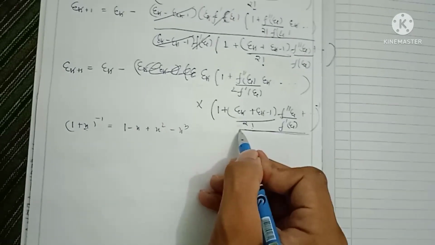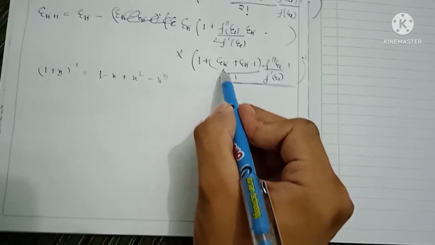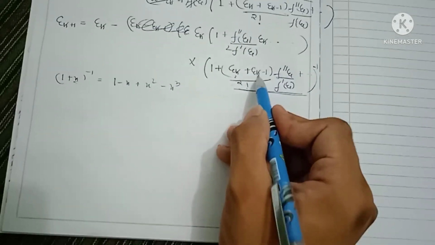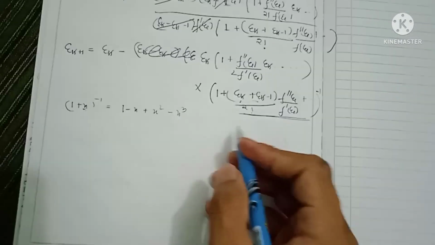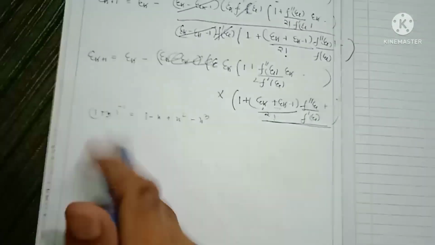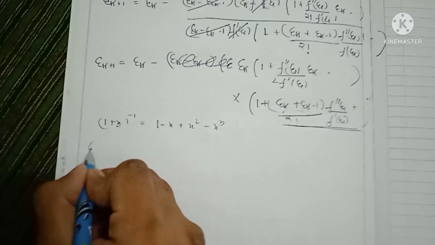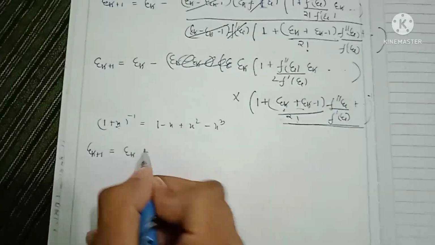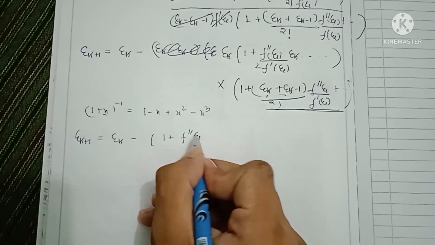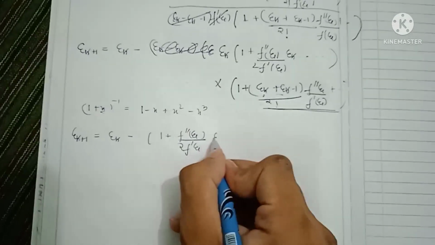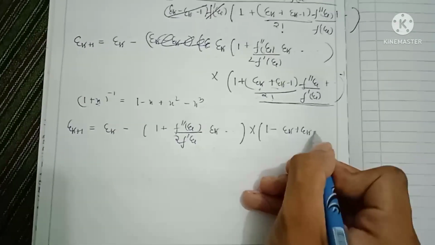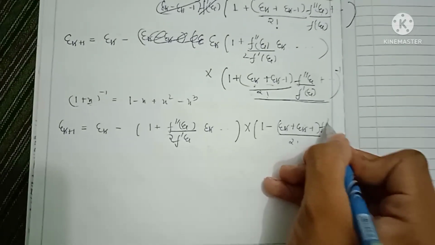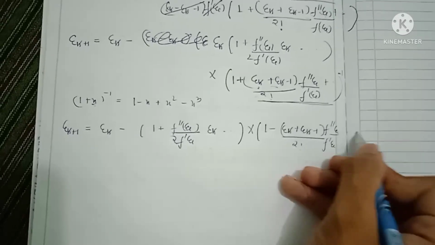Here x would simply be smaller than 1 because e^k is error, and error has to be very low, and also we have the error in here, so this would be multiplied, this will come 0.00 something, and this multiplied by this would be very small, simply meaning that this is smaller than 1, and we can use binomial expansion here: e^(k-1) plus f dash epsilon upon 2 f dash epsilon_k into 1 minus epsilon_k plus epsilon_(k-1) upon 2 factorial f double dash epsilon upon f dash epsilon, dot, minus 1.